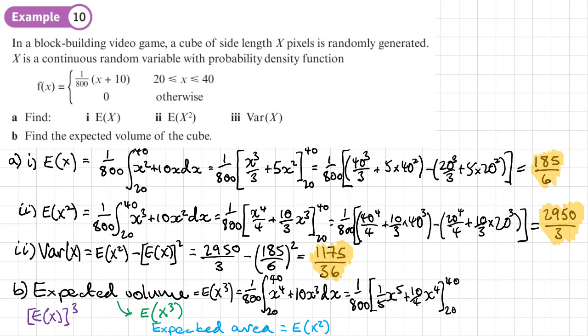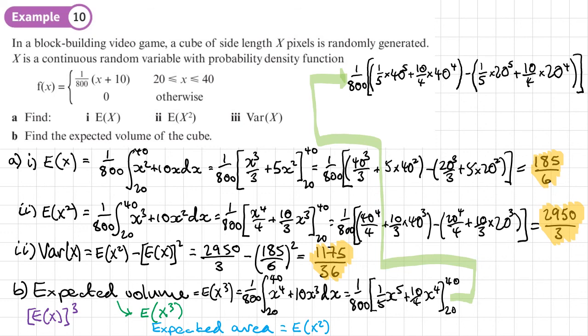Now I'm probably not going to have enough space to do my working down here, so I'm going to do it up here. Okay, so to save time, I've just written out what the working would be once we do the substitution. You can check that for yourself that this is correct, and then work that out on your calculator, and we get 32,300.